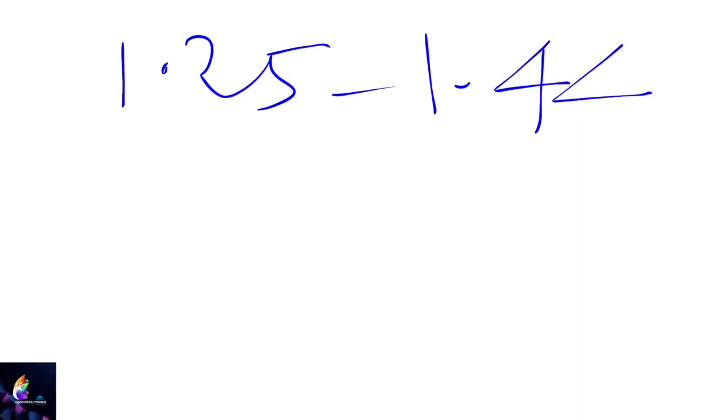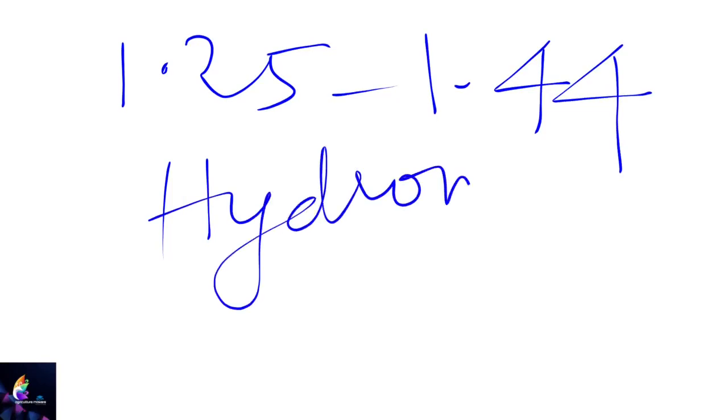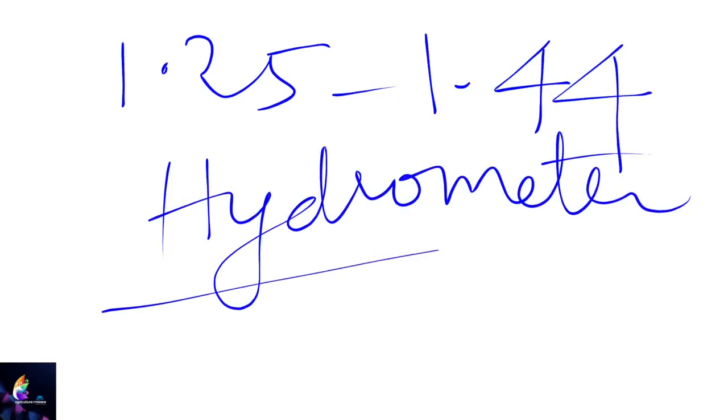And coming to the purity of the honey, if the specific gravity is between 1.25 to 1.44, it is said to be pure honey. So specific gravity is used to measure the purity of honey. This specific gravity of honey is measured using a hydrometer. Remember, purity of honey, hydrometer; moisture content in honey, refractometer.